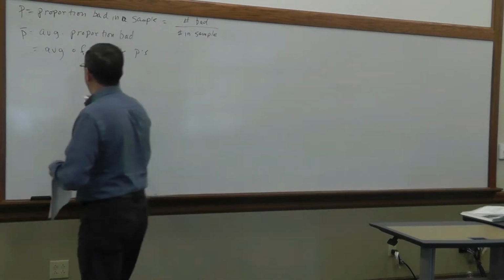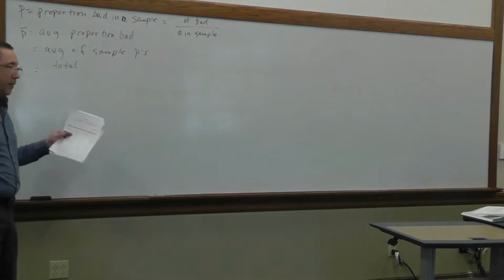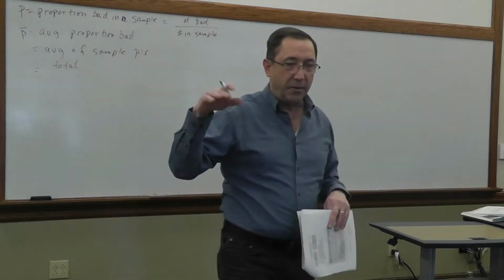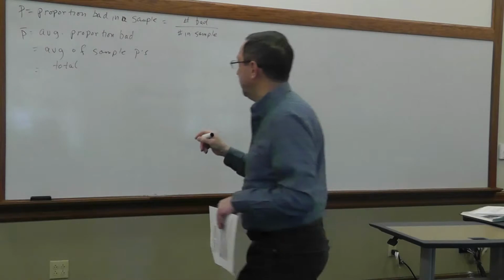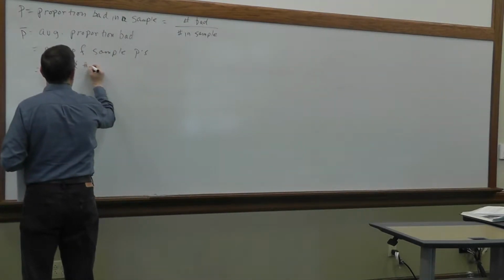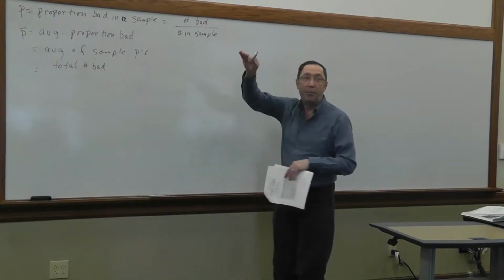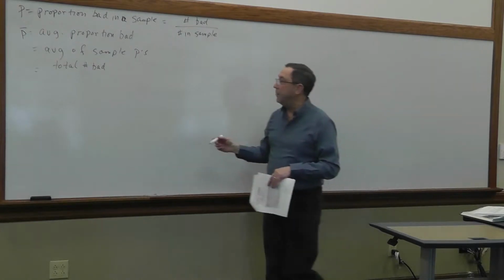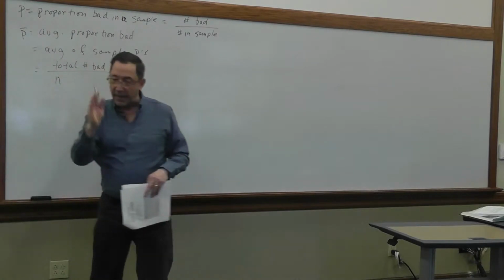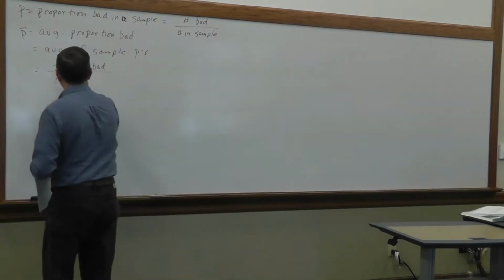Or the book gives you the formula in the slides, and this is the fail-safe one. You can actually use this with varying sample sizes, though it's not statistically perfect, but a lot of people will do that. The total number bad, so you're summing up the number bad from each sample, and then dividing by n, which means the number in each sample times the number of samples.